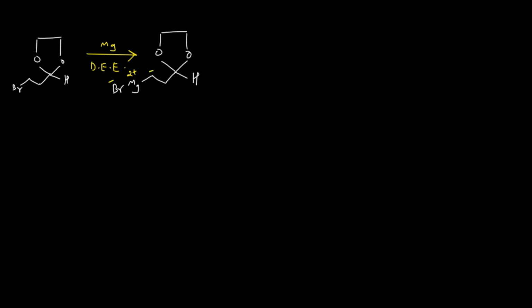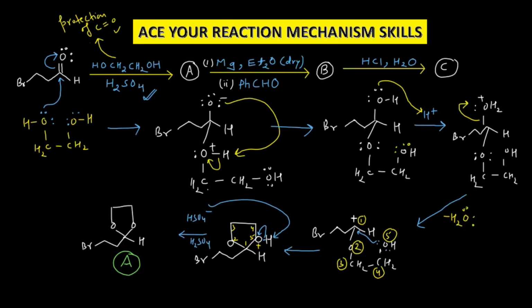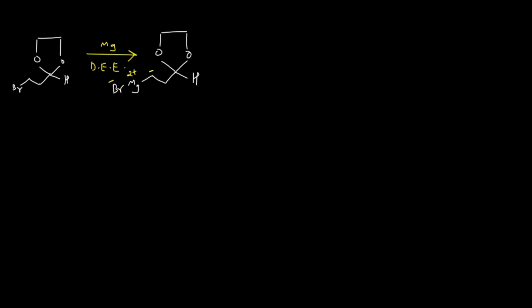Now in the next step, if I go back, since you have reacted magnesium with this particular carbon with this mechanism to form the Grignard reagent, now you are having this reagent, okay. So what will happen? Now I am drawing the mechanism like that only. Say this is my benzaldehyde, okay. This is the phenyl group, and that phenyl group is now connected with the oxygen and this one.